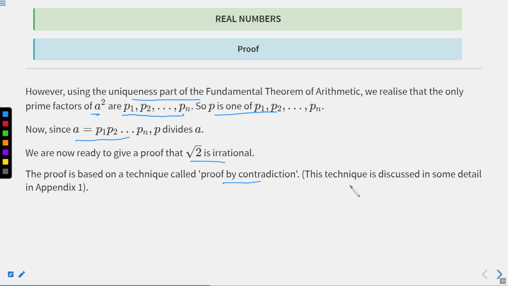This technique is discussed in some detail in Appendix 1. You can see there. For proving root 2 is an irrational number, we will use the method of contradiction.